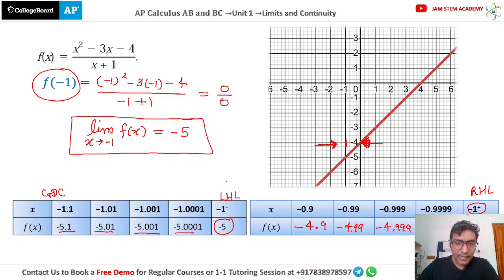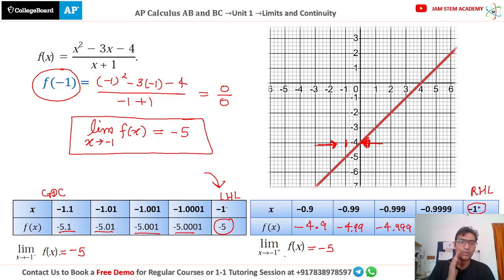So when I reach that number from the left side, we call it the left hand limit, represented by limit x approaches negative 1 minus of f(x), which comes out as negative 5 in this case. Similarly, I can do it for the right hand limit. So I'll write limit x approaches negative 1 plus, which comes out as negative 5.